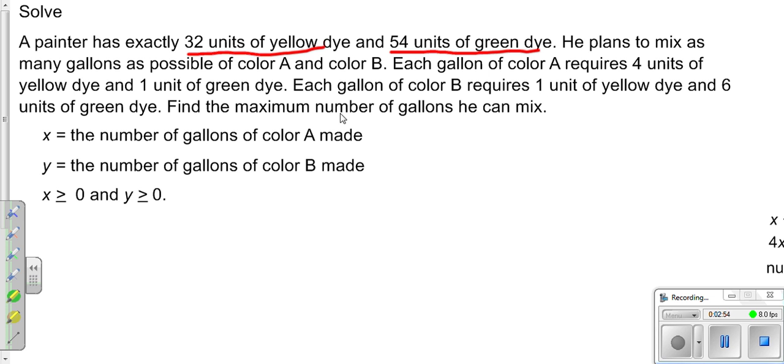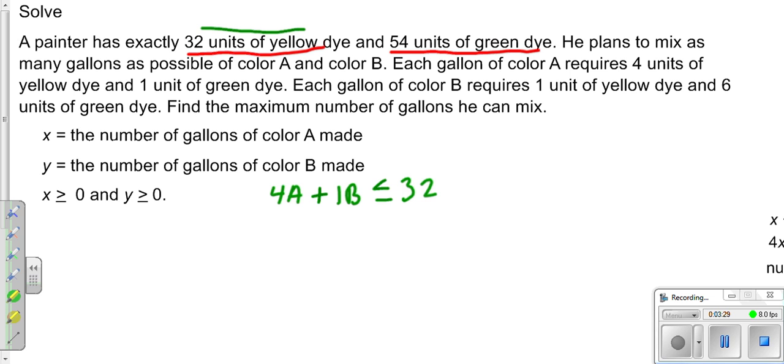So we're going to have 4 units for each gallon of A, plus 1 unit for each gallon of B. Now this is our yellow. I know it's green text, but it's talking about our yellow up here. And how much we're using always has to be less than or equal to the total amount that we have, because we can never have more than that. So this is our yellow.